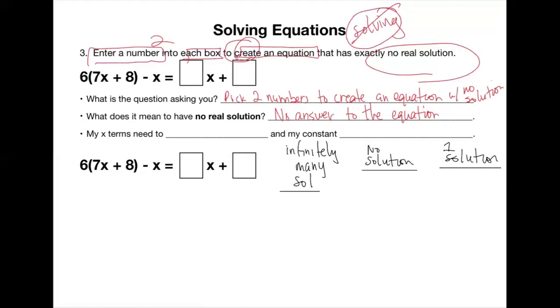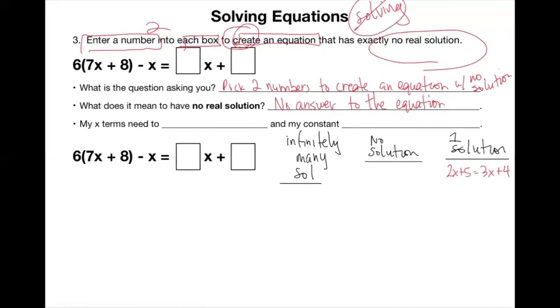Now, the one solution ones are the ones we did last time. And that equation looks something like this. 2x plus 5 equals 3x plus 4. That is a one solution equation. I just created a one solution equation.